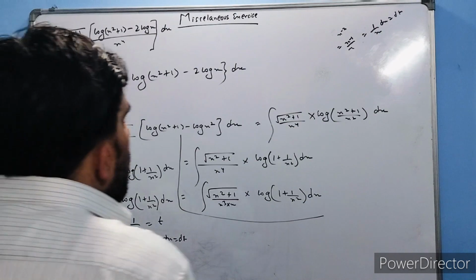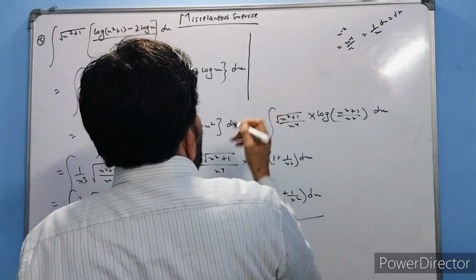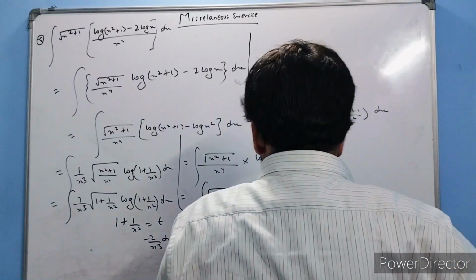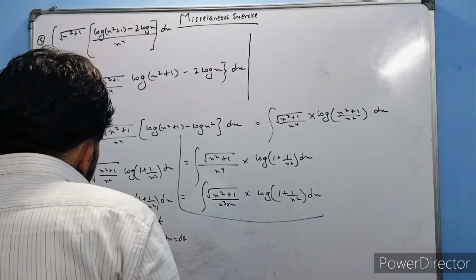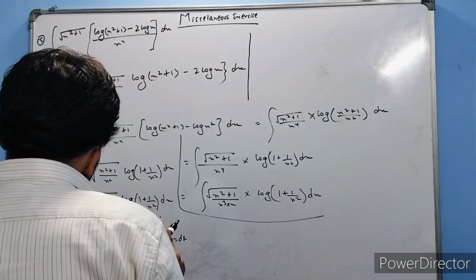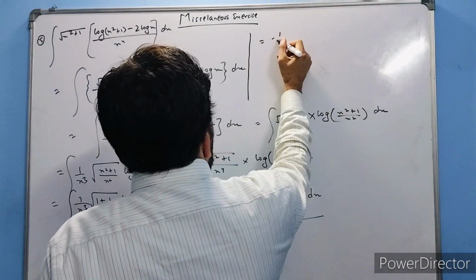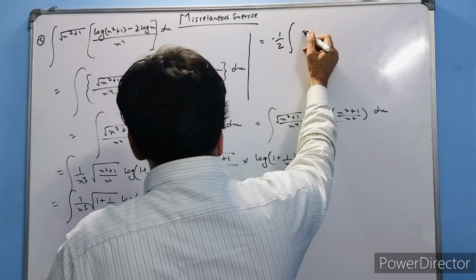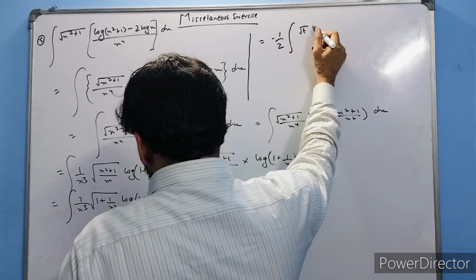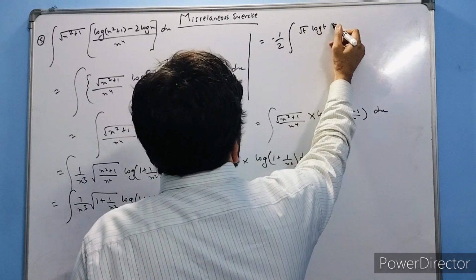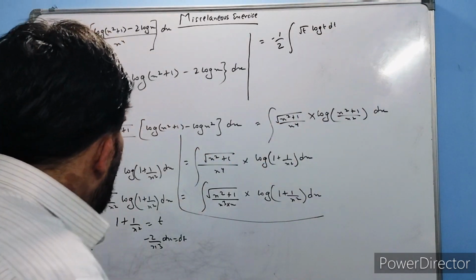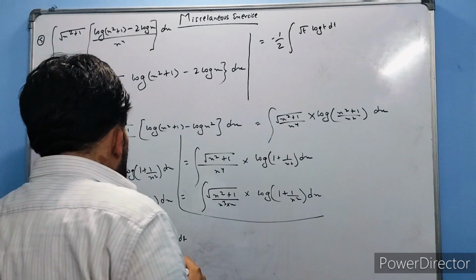Okay, so now we'll try to solve it here. So what will happen now? 1 upon x cube dx will be taken outside, minus half. So here we will have root t, we have log t dt. Okay, so that is how we'll be able to solve the numerical.